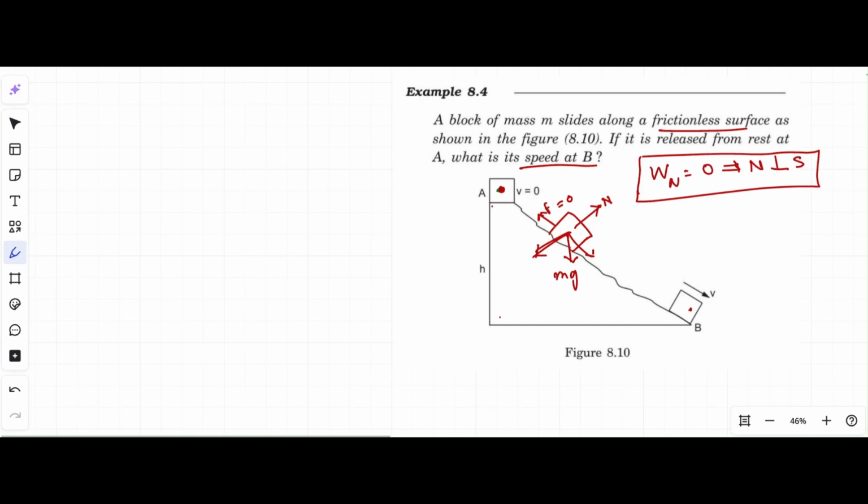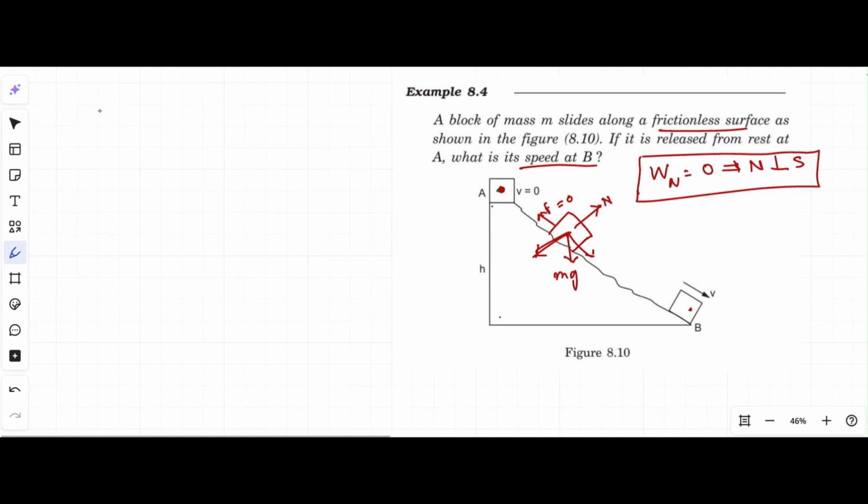So we can say that the only force acting here is mg, or the gravitational force. So since only gravitational force is acting, and we know that it is a conservative force, an internal force, then we can say that no external force is acting on the system. So the mechanical energy is conserved.